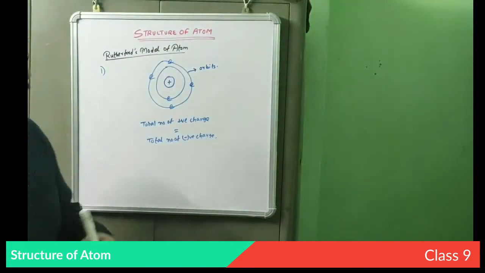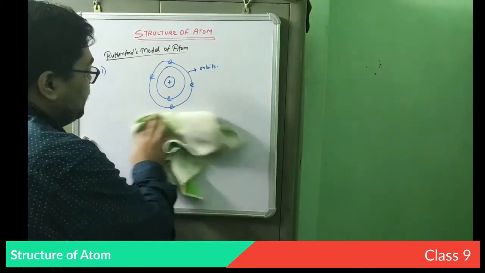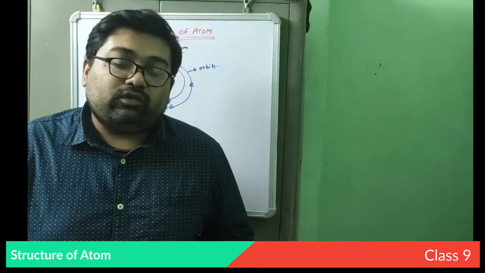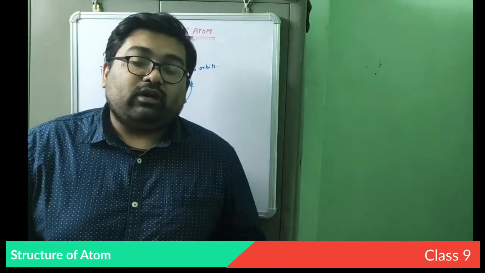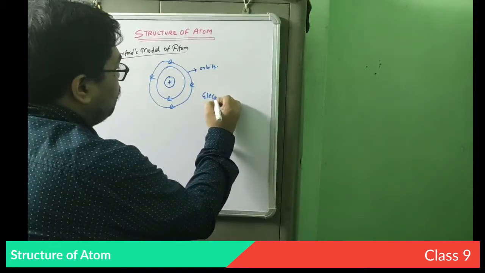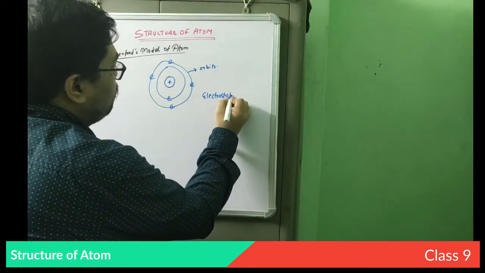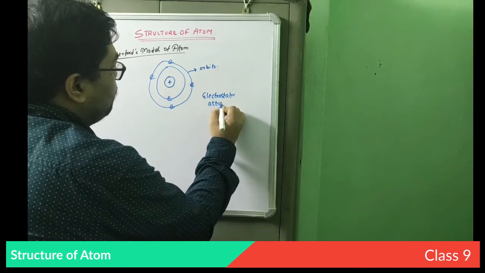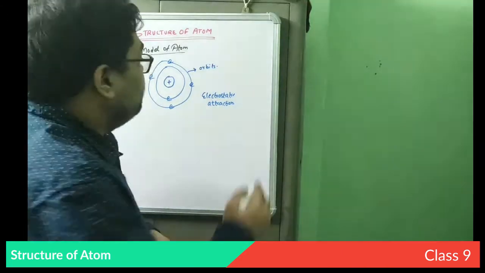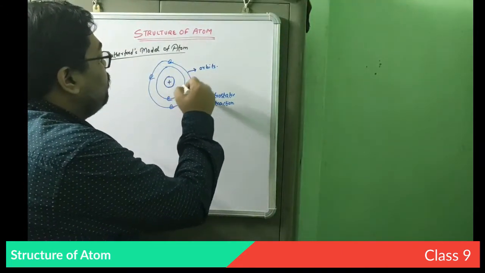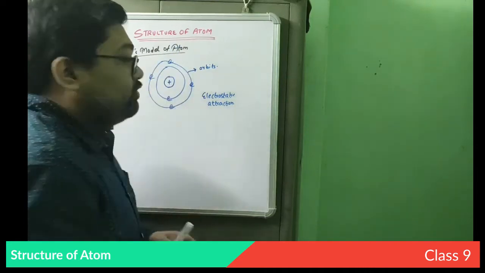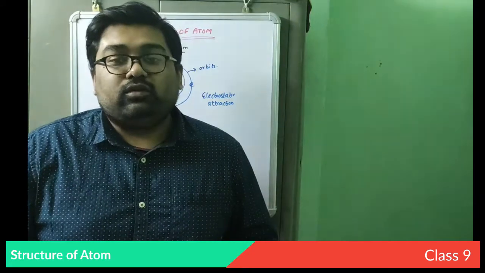Now, there is a sort of interaction, or attraction, between the nucleus of an atom and the negatively charged electrons, and that attraction is called electrostatic attraction. Due to this electrostatic attraction, the electrons revolve around the nucleus, being attracted by the positively charged nucleus.